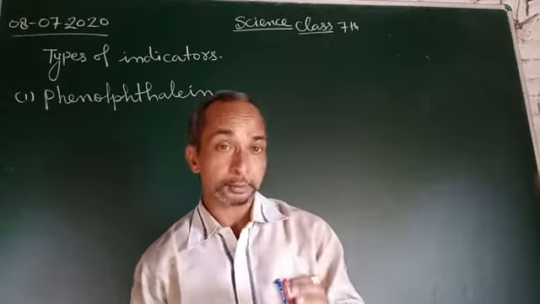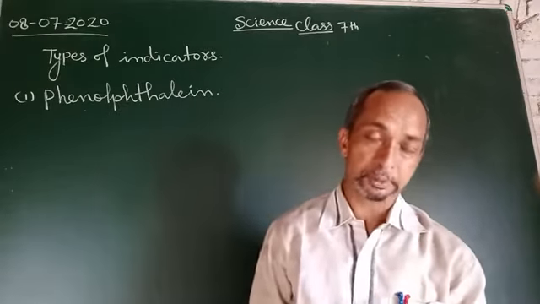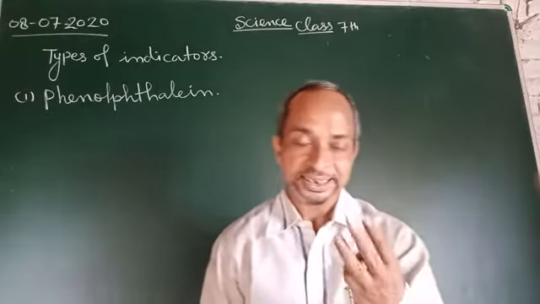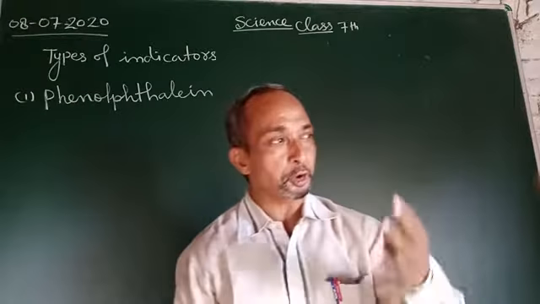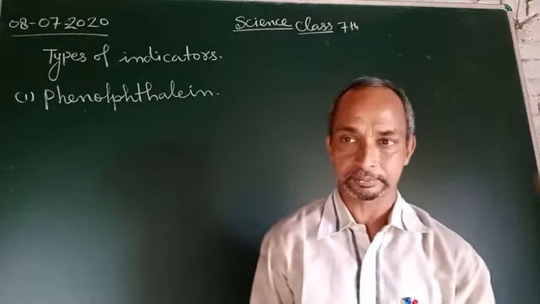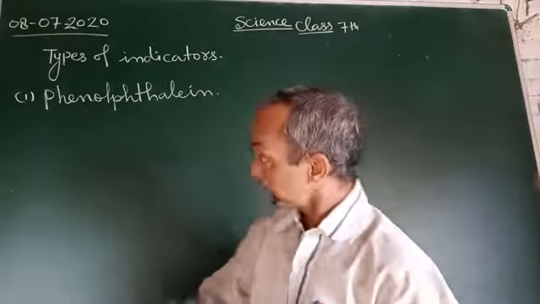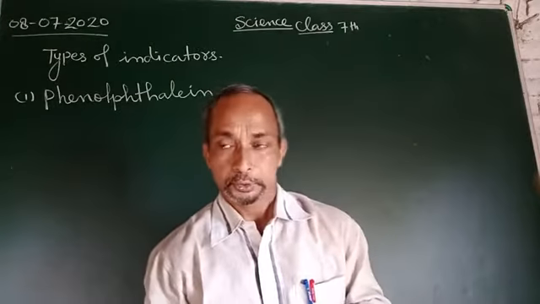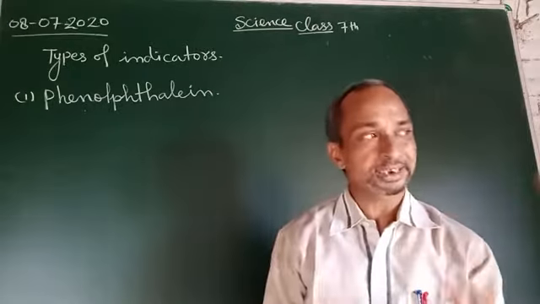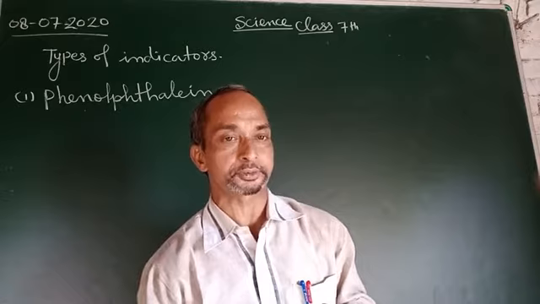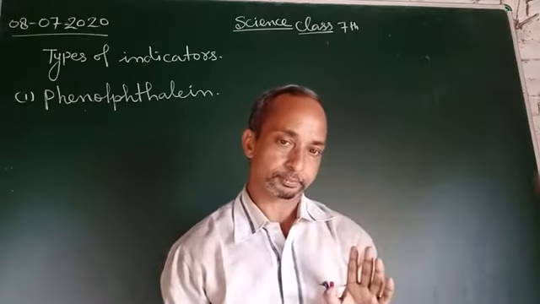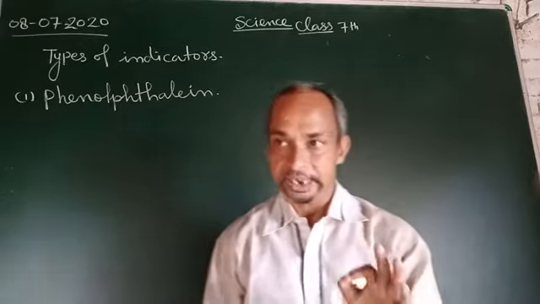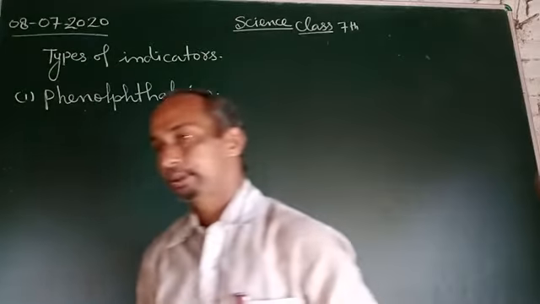China rose, litmus paper, and turmeric are natural indicators, and the fourth is phenolphthalein. About the natural indicators, I have discussed in previous lectures: litmus paper, China rose, and turmeric.